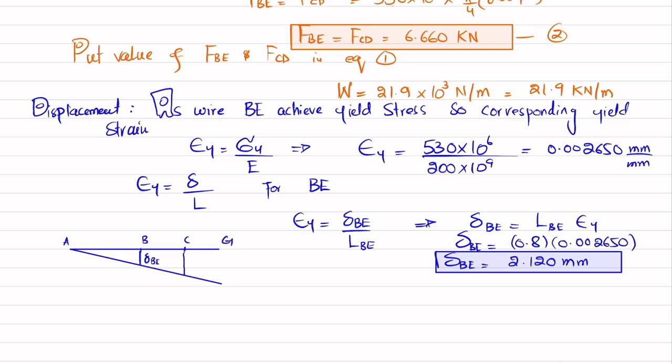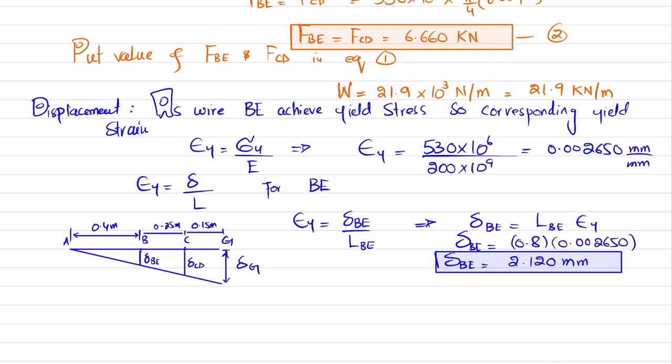This will be the change in length delta CD, and this will be the displacement of point G, delta G. We know that the distance between A and B was 400 millimeter, which is 0.4 meter. The distance between B and C was 0.25 meter, and the distance from C to G is 0.15 meter.